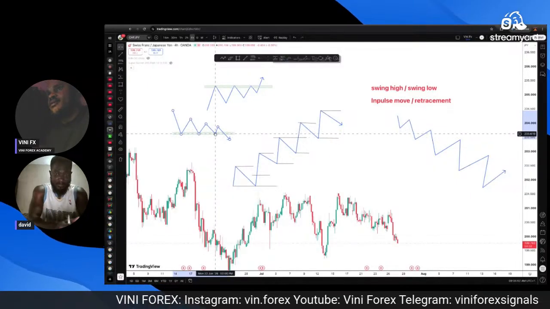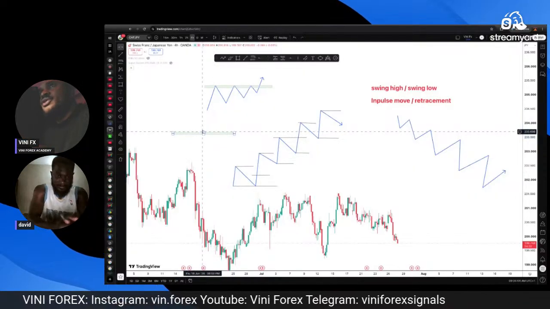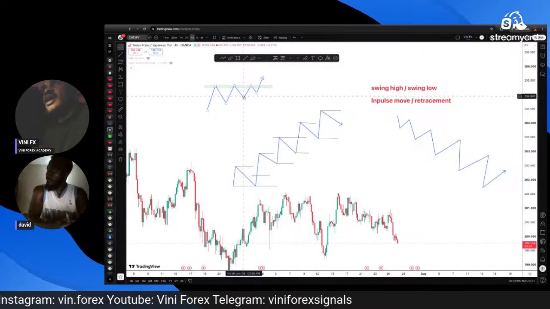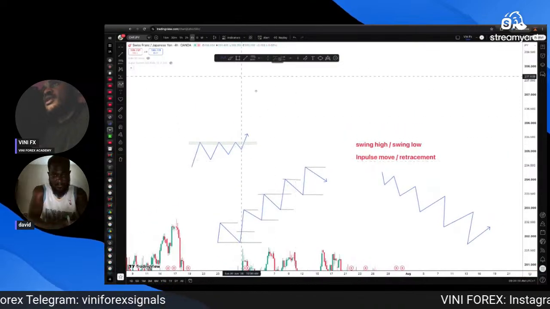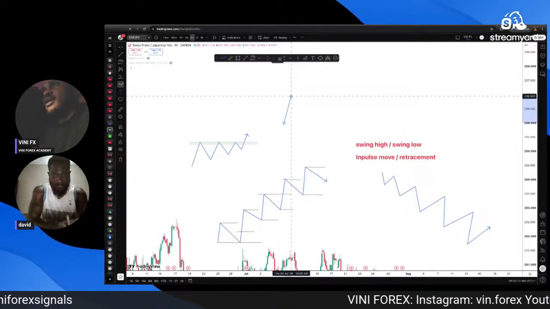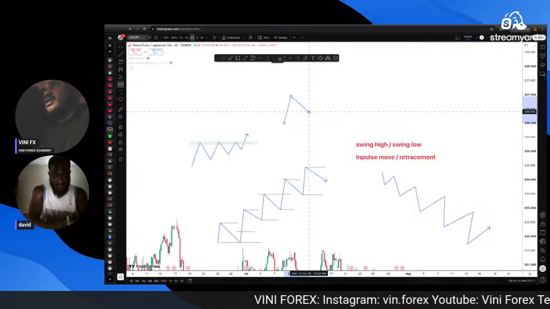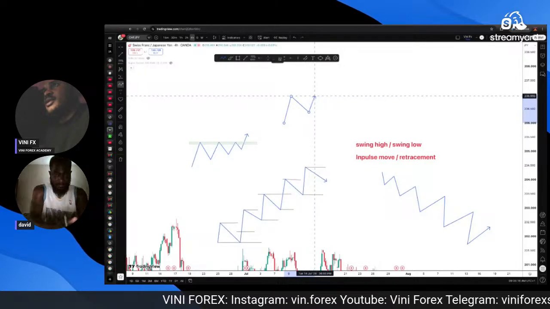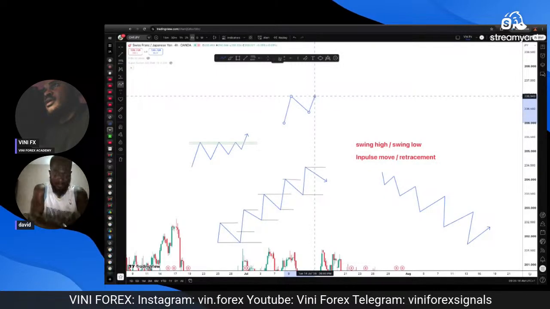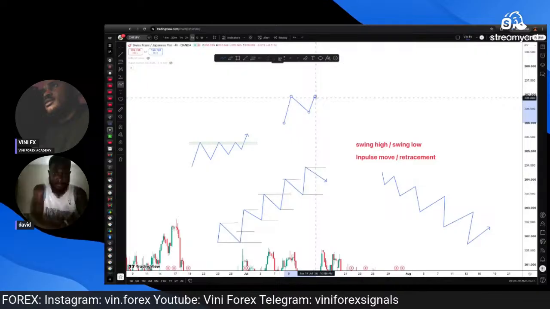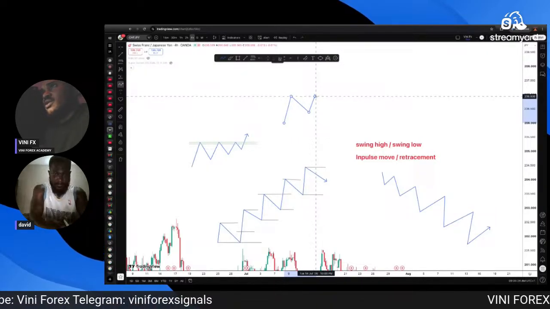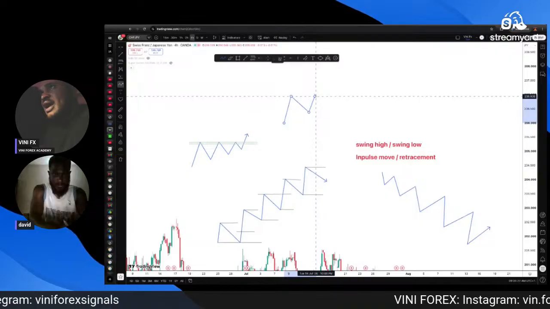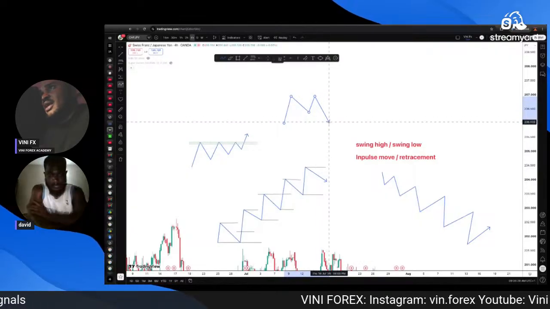One thing you must pay attention to is that when these equal highs or equal lows happen, for example, this is a high, this is a higher low, then again gives you another equal high. If the market, this equal high often pushes the market down.